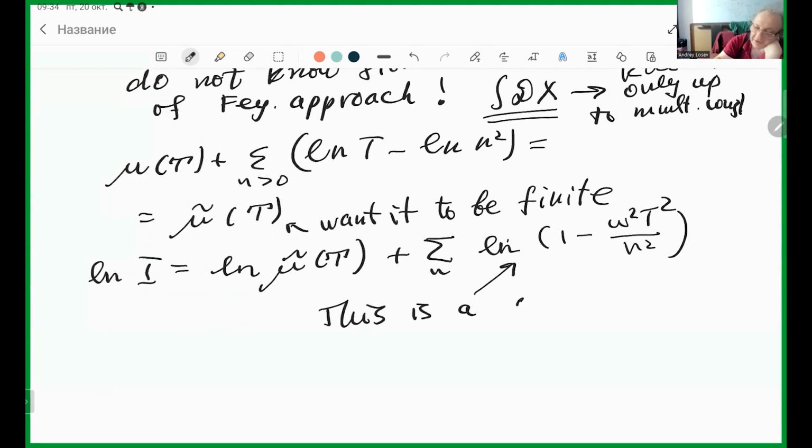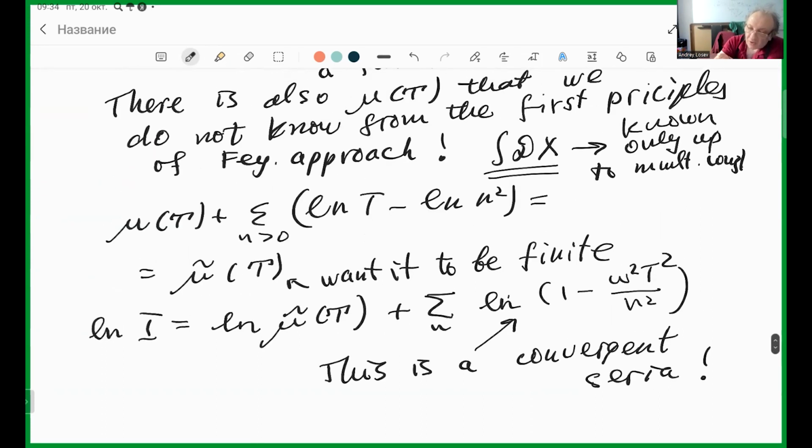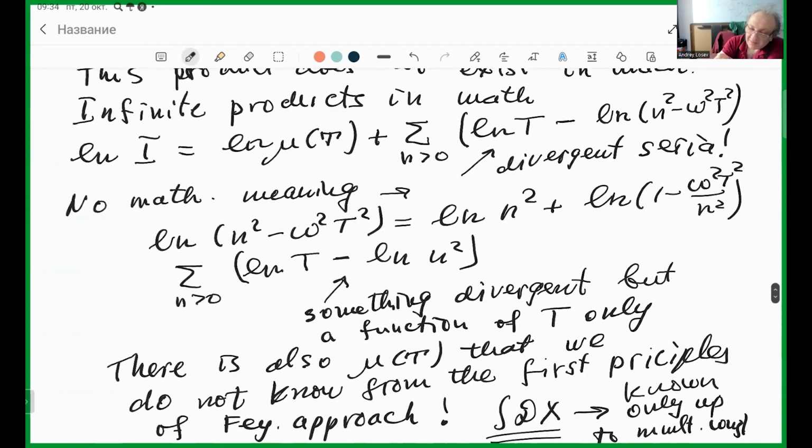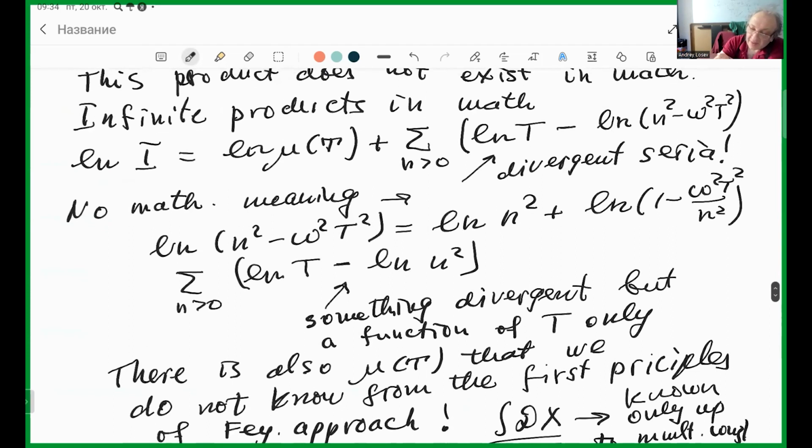This is a convergent theory. And probably I missed a minus sign. Yes, I missed a minus sign.